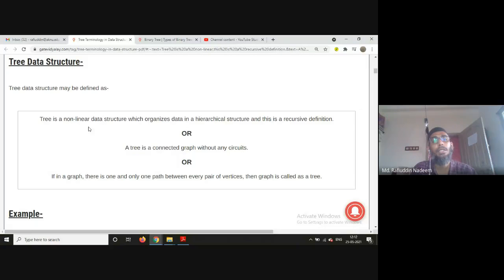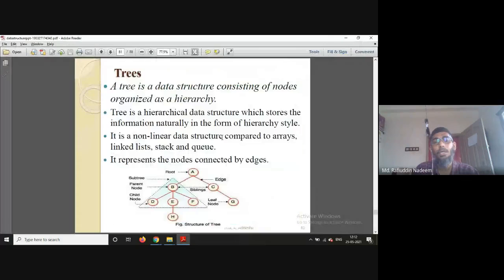A tree is a non-linear data structure which organizes data in a hierarchical structure, and this is a recursive definition. Recursive means anything below a node again becomes a tree. For example, this entire thing is a tree. Under A we have B and C, and under B we have D, E, F nodes, which becomes another tree.